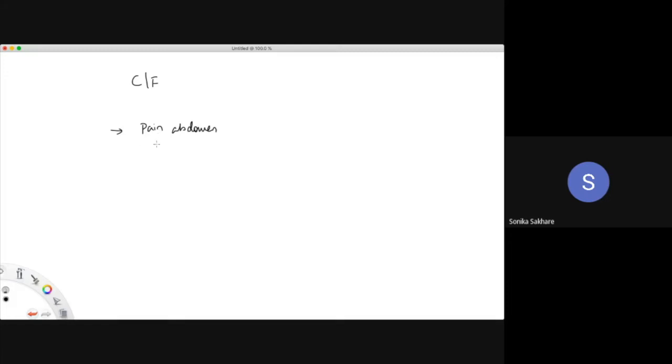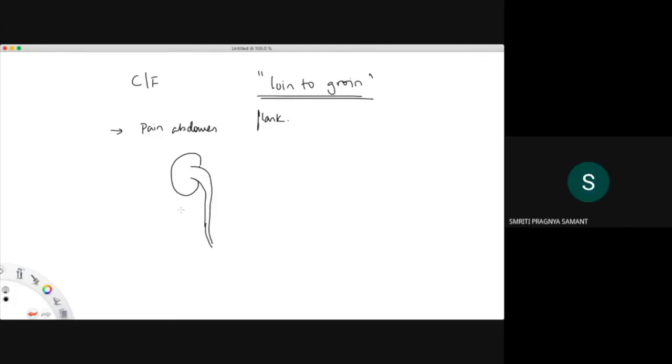So pain abdomen. They'll have pain in the flank region. Usually they will say it is radiating to the groin. It's classically described as loin to groin. This is the clinical term that we use, loin to groin. Now, as I have mentioned, the nerve supply of the ureter, the relation of the nerve to the kidney, we'll talk about the radiation.